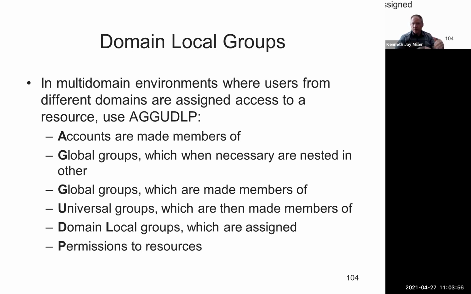So the accounts still go in the global groups, and the domain local is where we assign our permissions, but our global groups may be nested inside of other global groups, and those global groups may be part of universal groups. So when we have two different domains, we'll have universal groups that can access everything. So we may have to modify that.